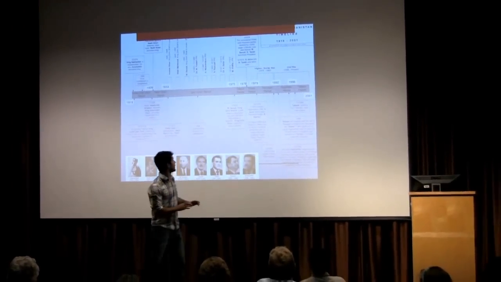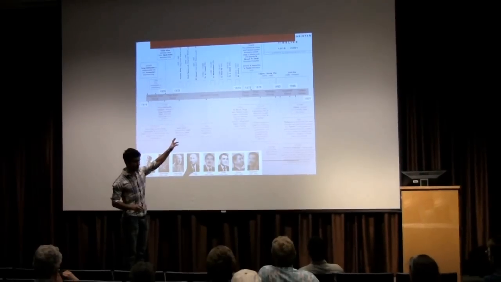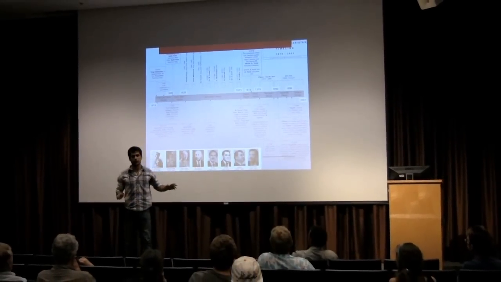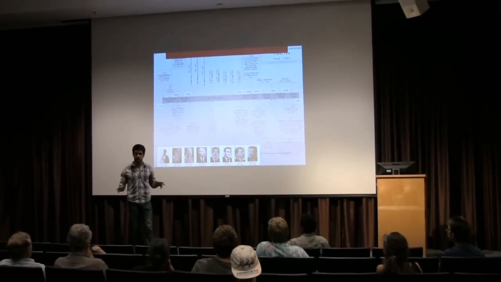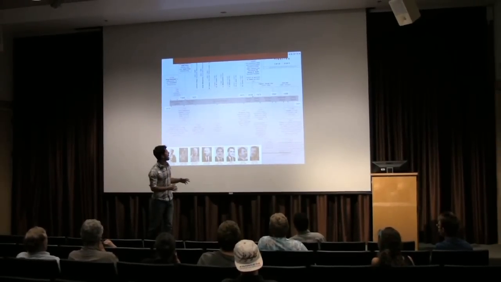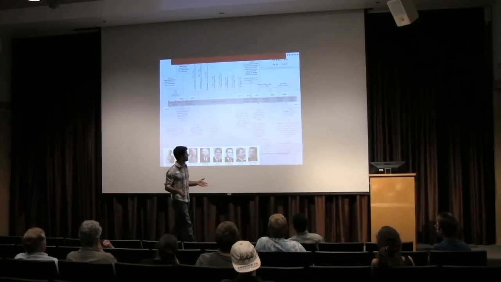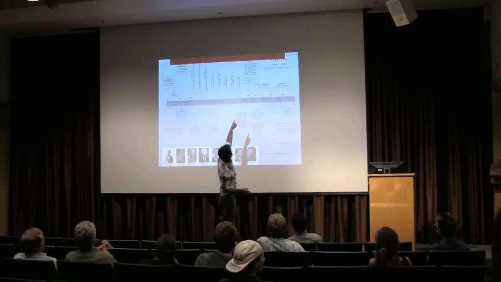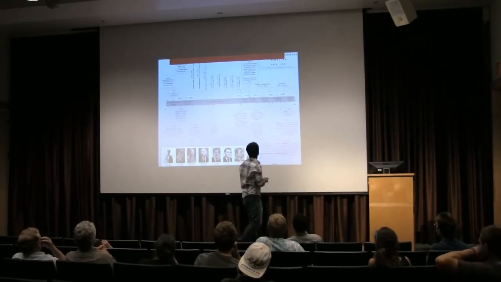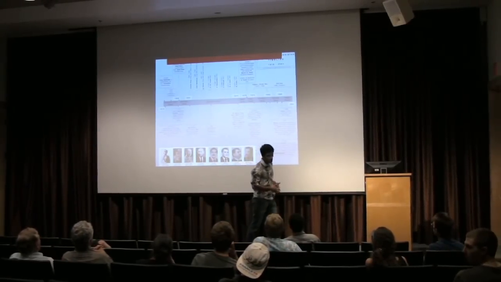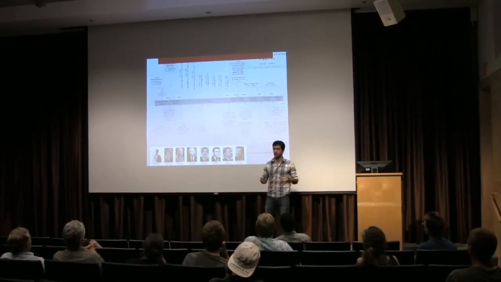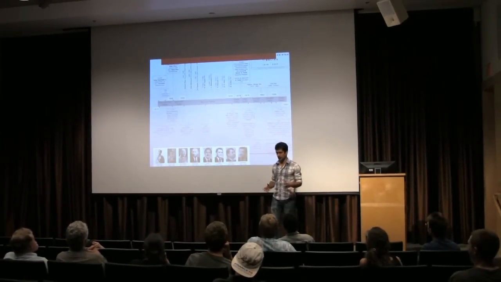Before we do anything else, I'm going to talk about what happened in 1978. In 1978, we had something called the Marxist Revolution. They overthrew the president. The pro-communist Khalq overthrew Daoud, and Taraki became the president in 1978.